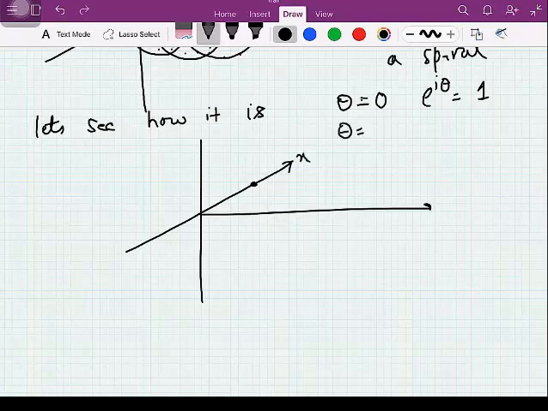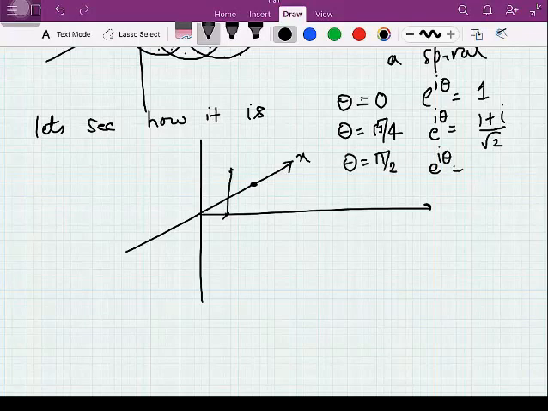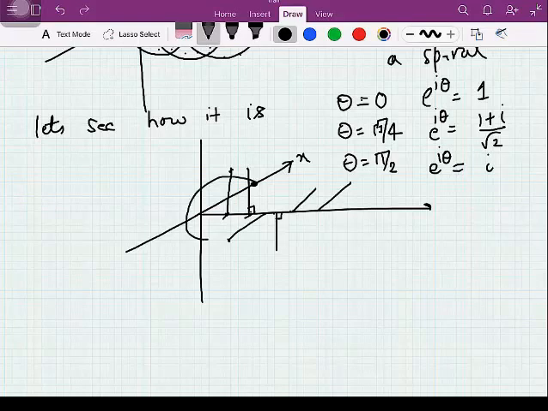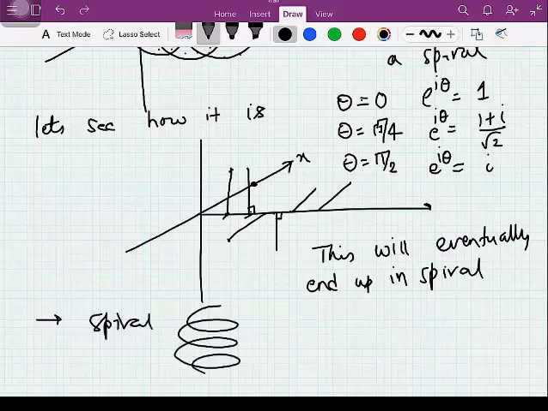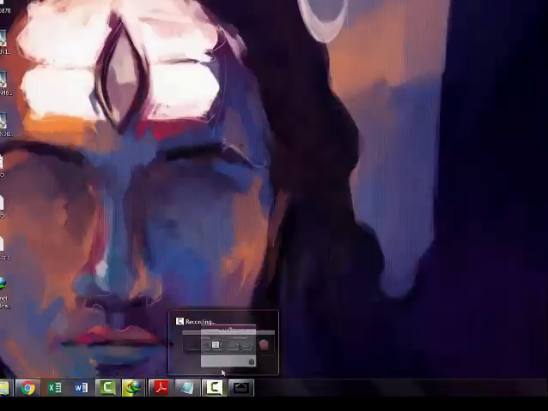For theta equal to π/4, it gives us a complex number which shall not be on the real part or on the imaginary part, it will be somewhere else. And for theta equal to π/2, it comes out to be purely imaginary. If you keep doing this and combine all the points of the sticks, we eventually end up with a spiral. It just looks like a spring.